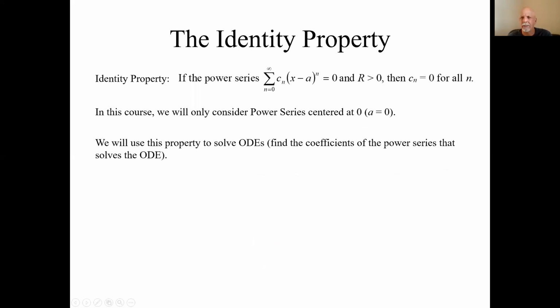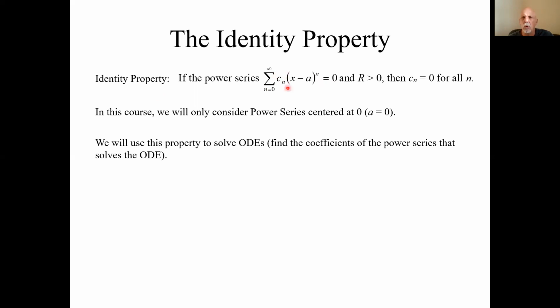One last theorem to get out of the way before we get into actually solving the differential equation. This very important property is called the identity property. If you have a power series and you want it to equal 0, the only way that's possible is if each coefficient equals 0.